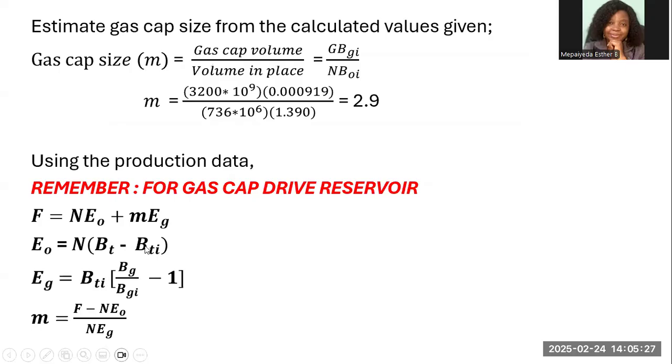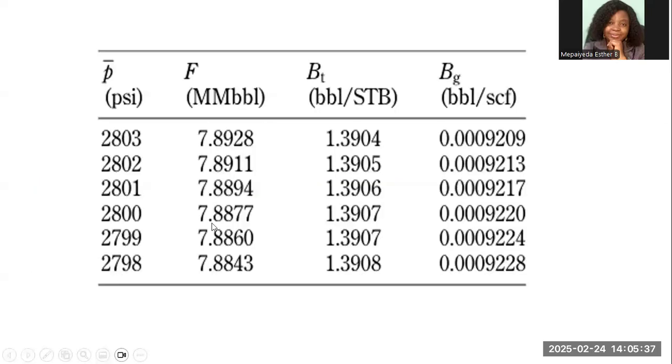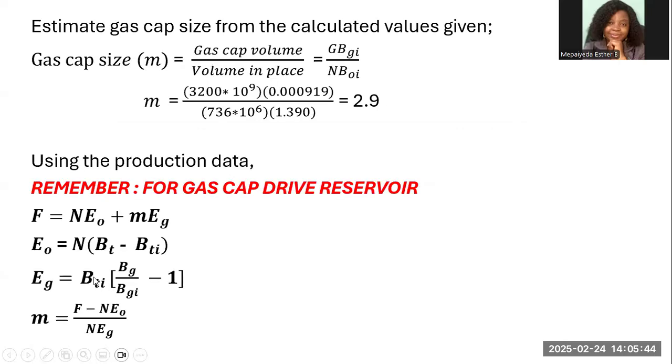Your Eg is Bti into Bg over Bgi minus 1. You've been given this. You have your Bg: the first one is your Bgi, and every other one is your Bg. So it's quite easy to estimate this at the corresponding pressure.